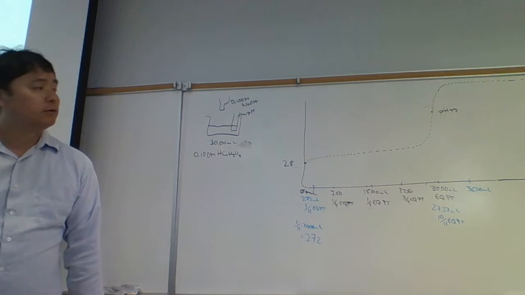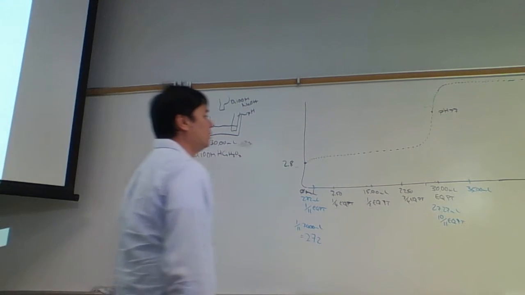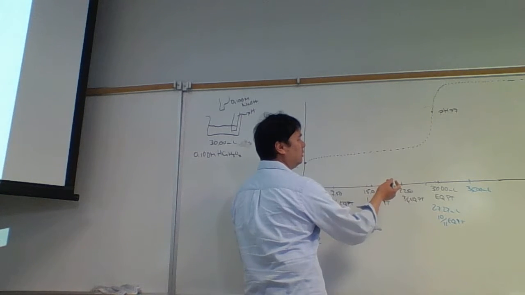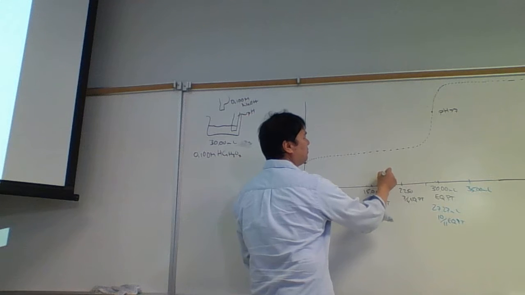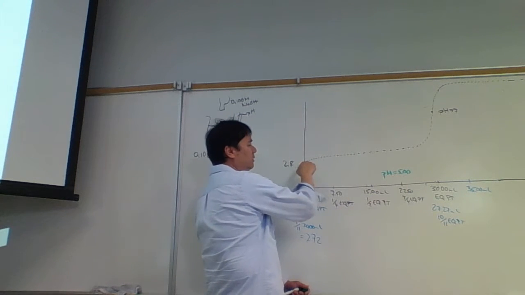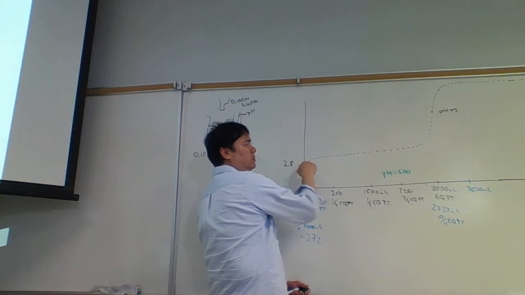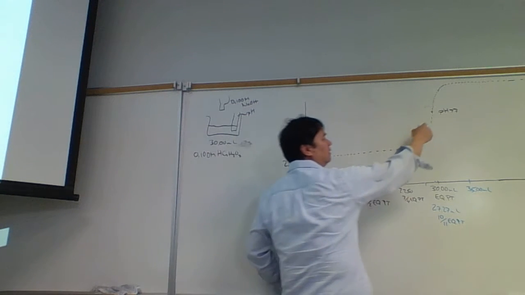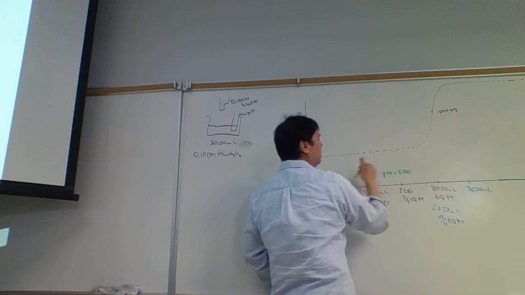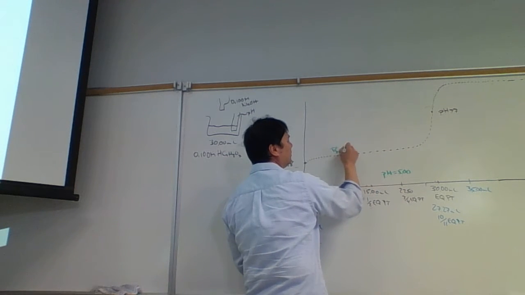pH. So, for example, let's say I want pH 5.00. At pH 5.00, where am I? Well, I'm between the initial, just acetic acid, and the equivalence point. So it's somewhere in this range here. This range is called the buffer region.